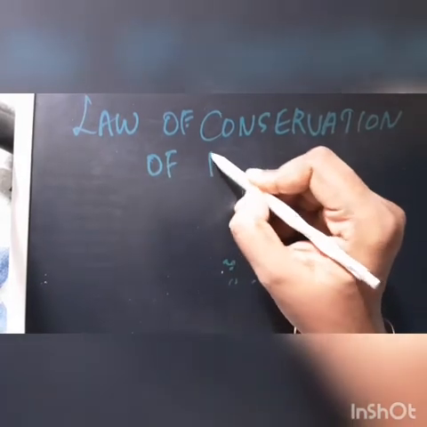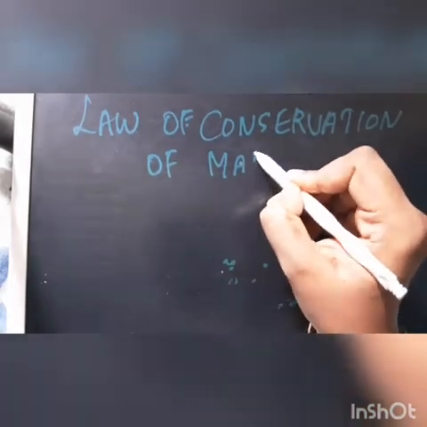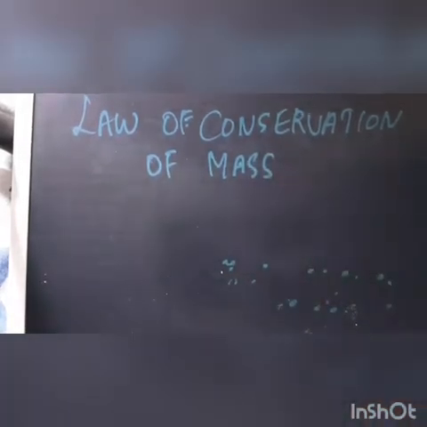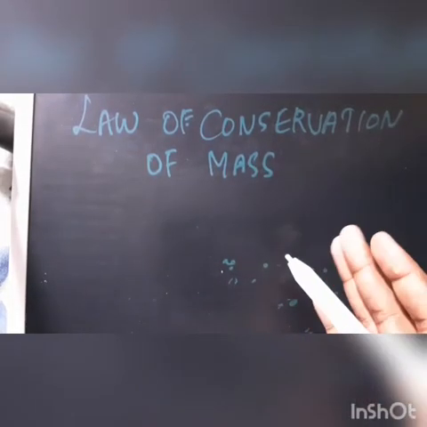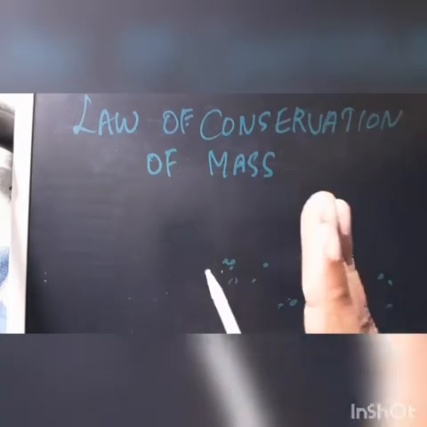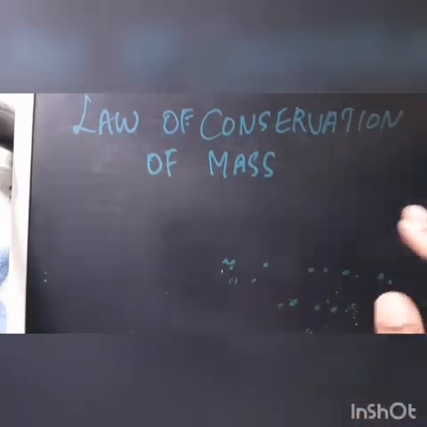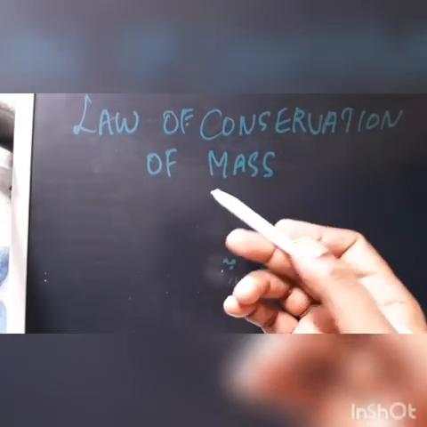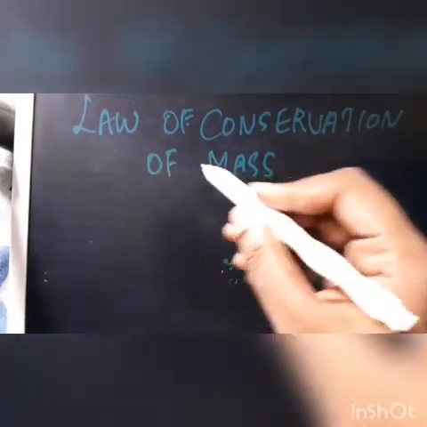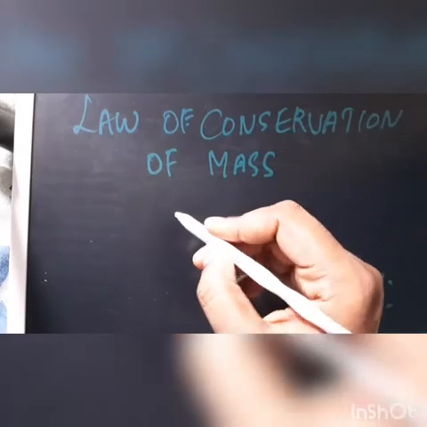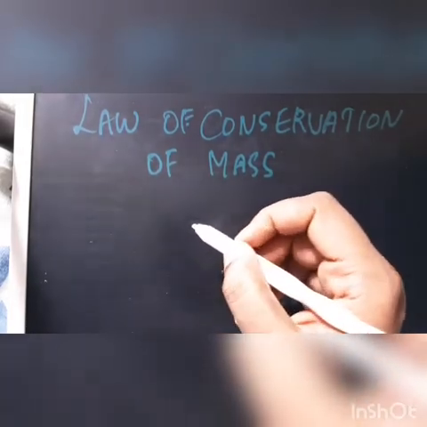It can only be transferred from one form to another, right? The law of conservation of mass states that matter can neither be created nor destroyed in a chemical reaction. So the number of atoms of each element involved in a chemical reaction should remain the same on the reactant and product side.